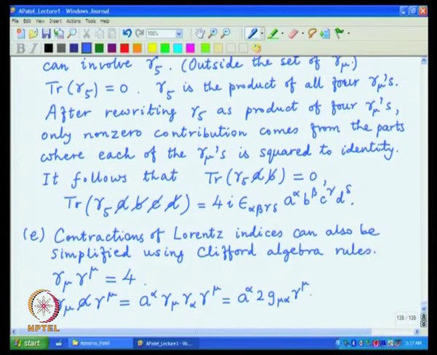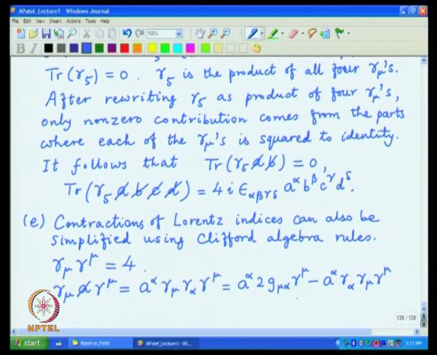That is the first part, and the second part is the same object with the opposite order. So, it is A alpha gamma alpha gamma mu, and this is now very easy to rewrite.